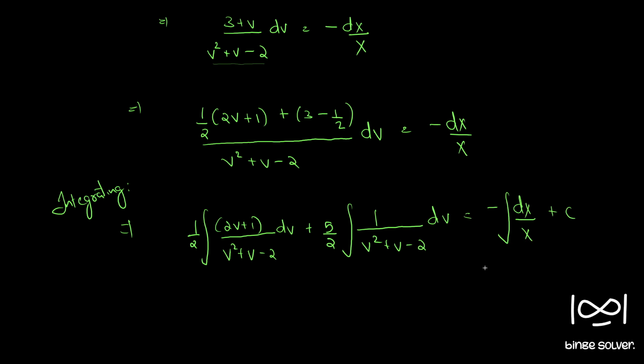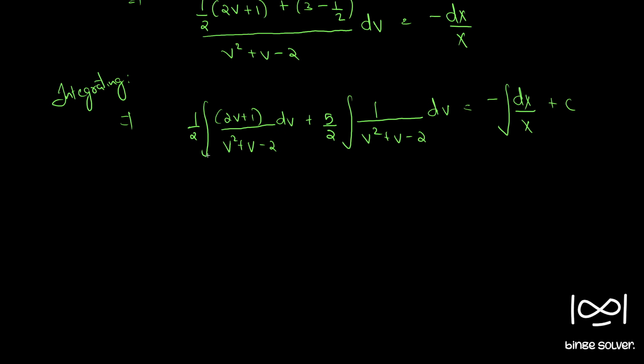We'll put a constant c. Now this is very easily integrable. The first integral is half into the differential of the denominator in the numerator, so we can write right away half log (v square plus v minus 2) as the solution to the first integral.